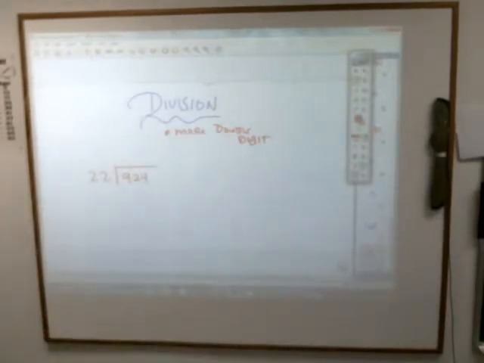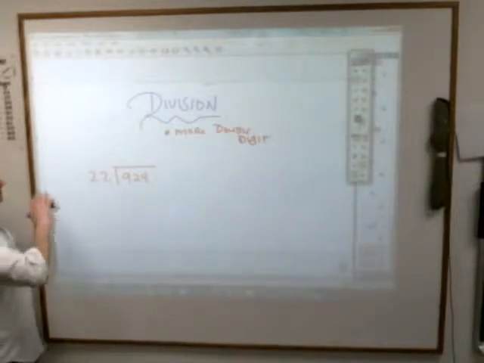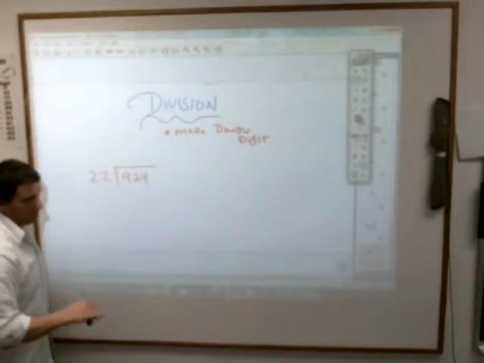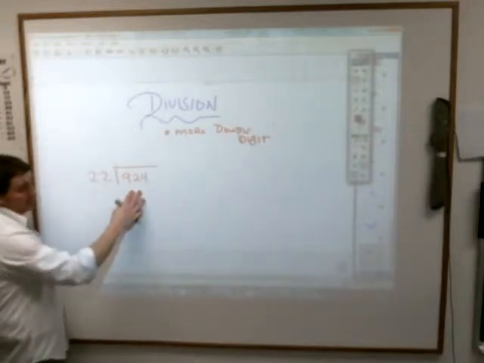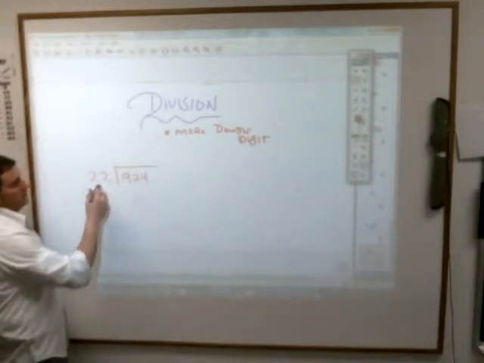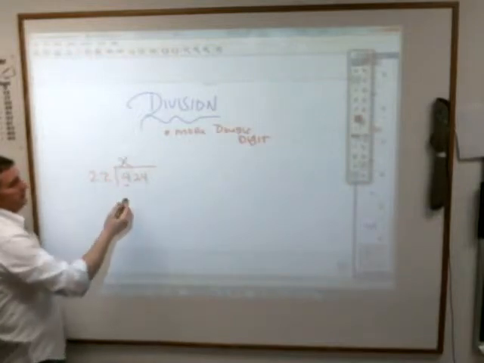This is just kind of nothing really new, but very much some helpful advice to make your life a little easier. We did double-digit division probably Monday or last week, not very long ago. We said 22 doesn't go into 9, so you don't want anything above the 9.